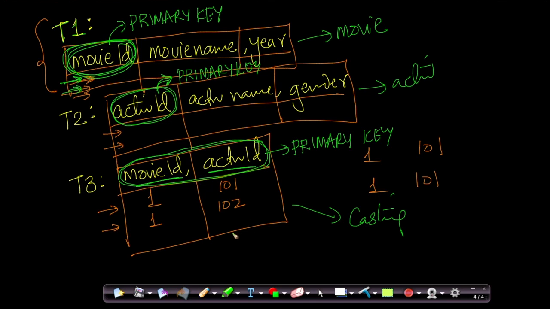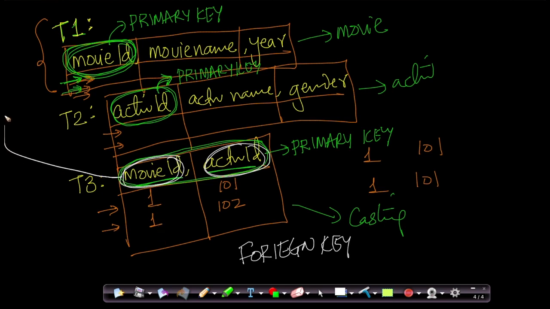But there is also another concept called a foreign key. A foreign key basically means that whatever values I have here should also be present here. So here these two are foreign keys.